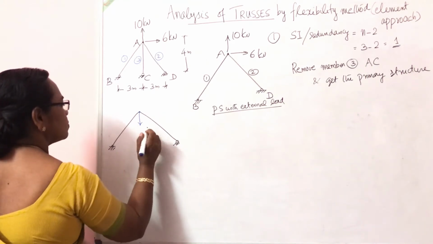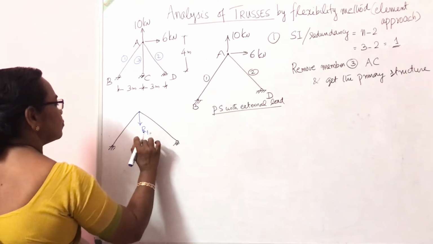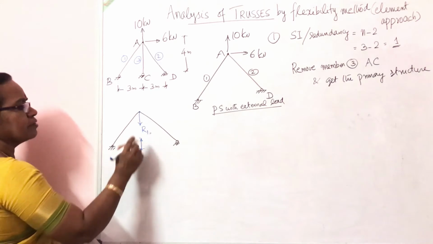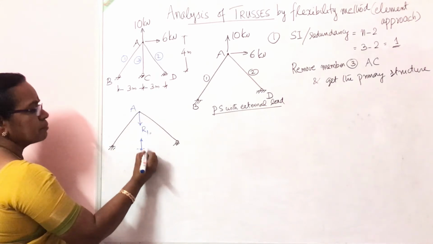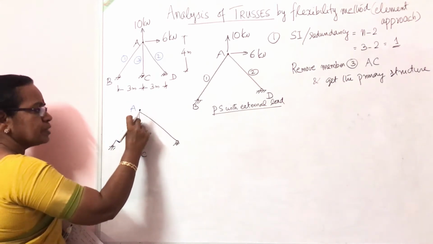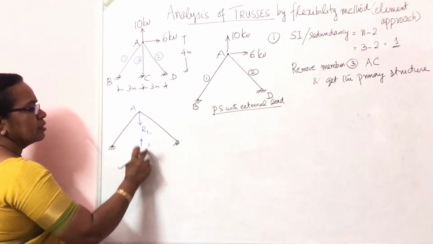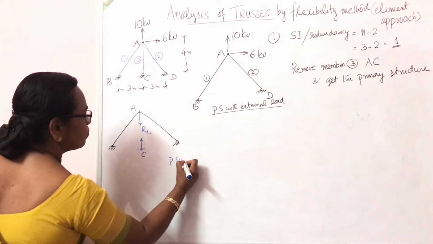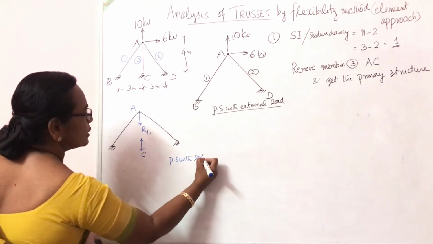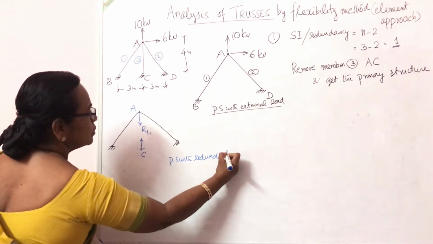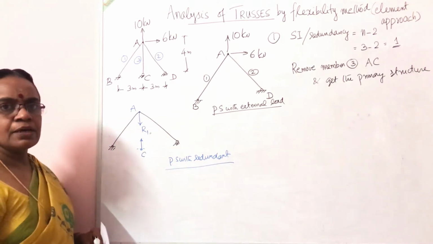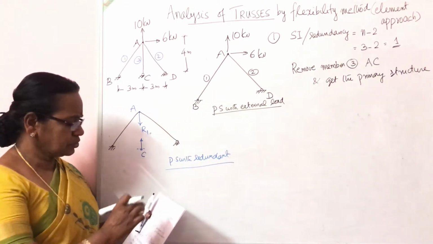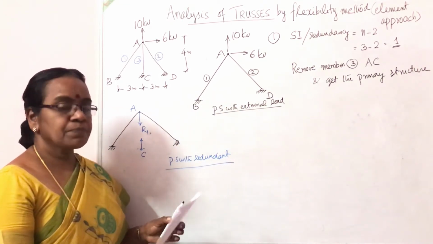So this is marked as the redundant 1. The member force in this member AC is the redundant force. I will mark it as a tension force. It pulls the joint between A and C. It is R1. So this is the primary structure with redundant. I have marked the primary structure with external force and the primary structure with redundant. This much is in step 1.